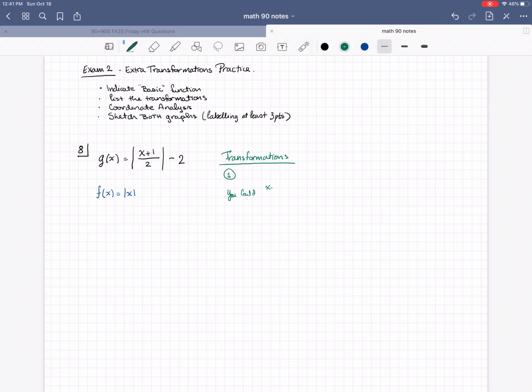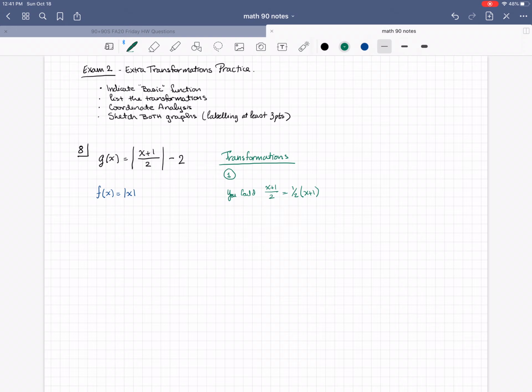You could rewrite x plus 1 over 2 as 1/2 times x plus 1. That may be a little bit more familiar, it may feel a little bit more comfortable, but you can see here when you do that, or whether or not you do it really, that you've got stuff being multiplied by 1/2 inside of the operator.